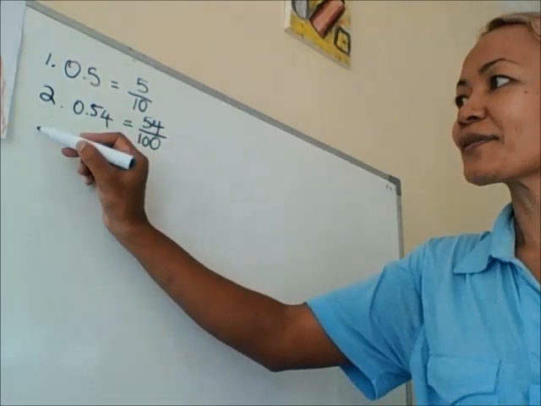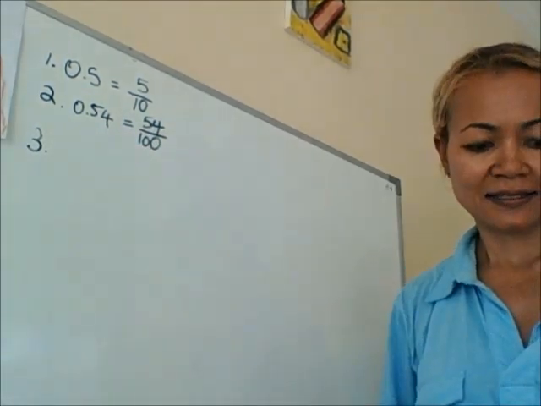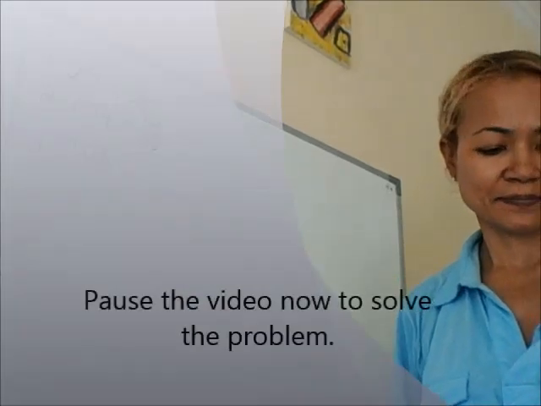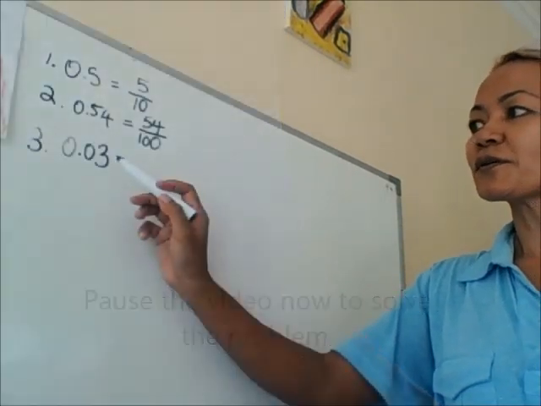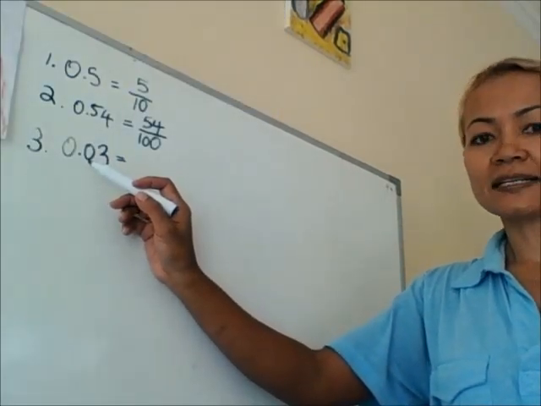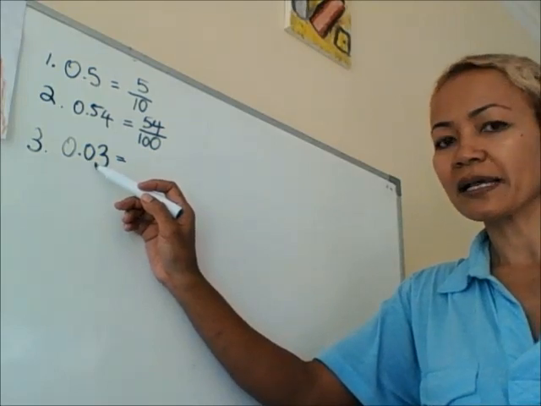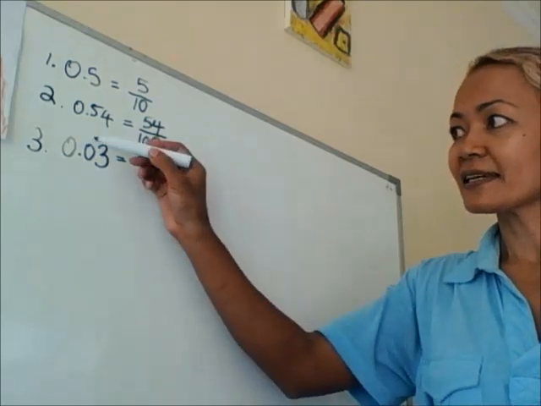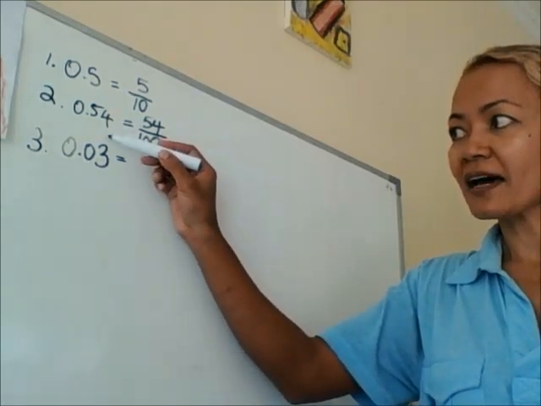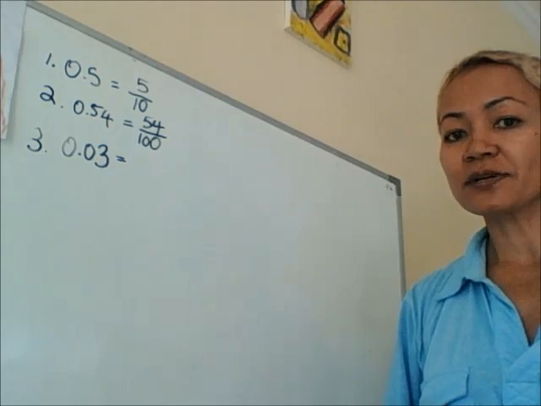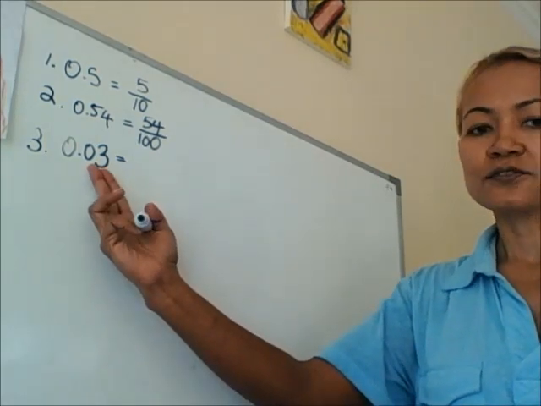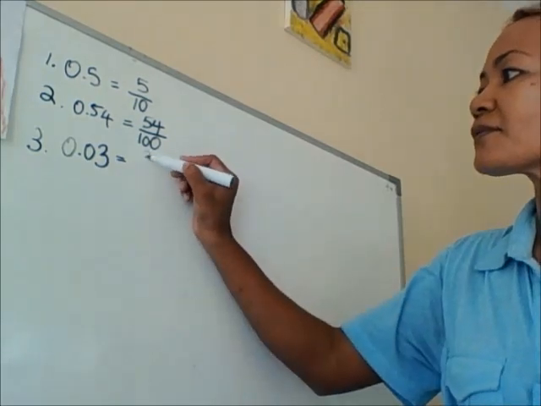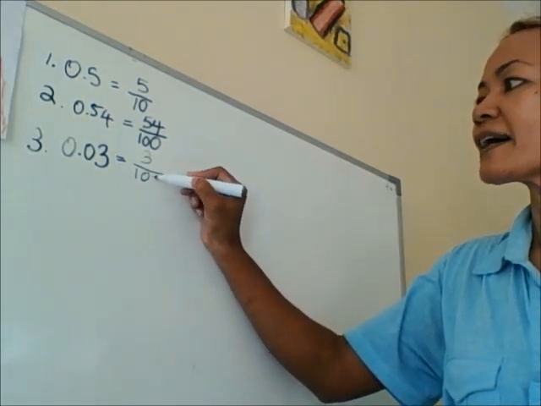Okay, the third one, 0.03. Now you know that 3 is not right next to the decimal place, so it's not just one place after the decimal point, it's 2 places. It's the tenths column and the hundredths column. So it's 3 hundredths. 2 places, the denominator will have 2 zeros. 3 over 100.